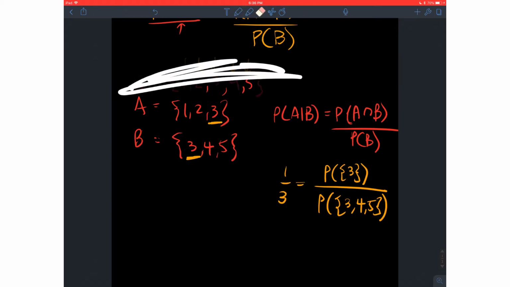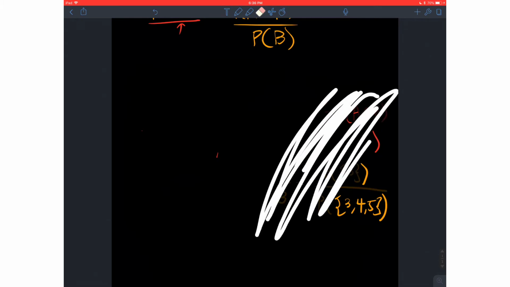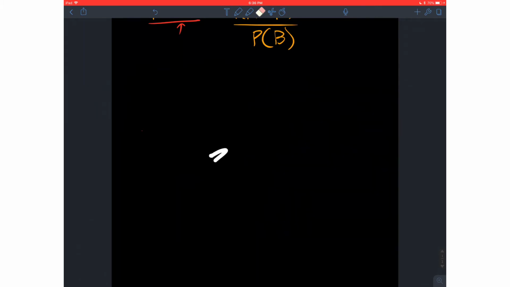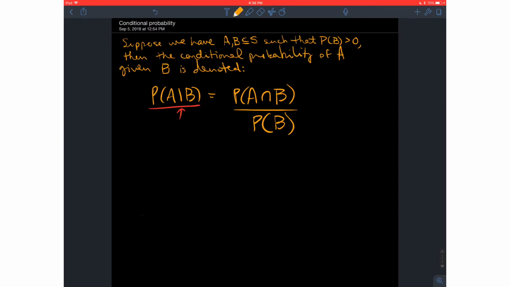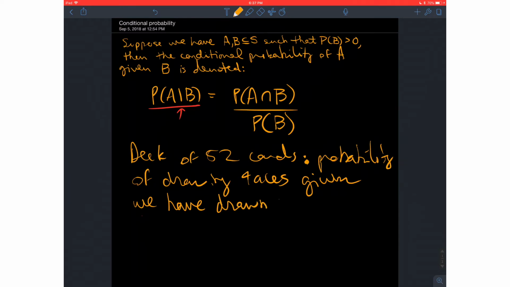Okay, so let's now take an example that actually has words and meanings and interpretations. Suppose we have a deck of 52 cards, and we want to know the probability of drawing 4 aces given we have drawn 3 aces.